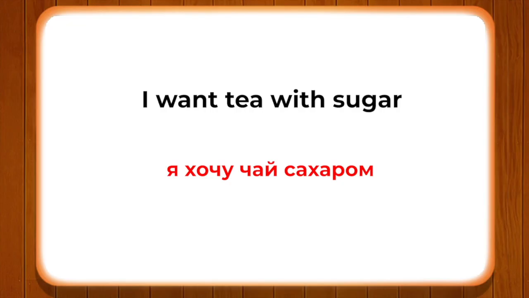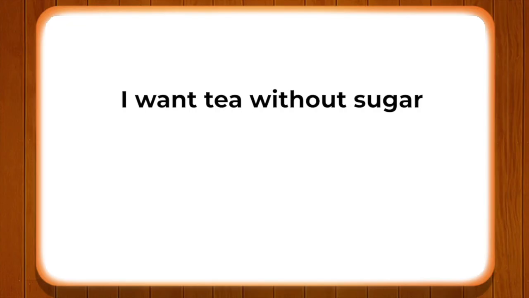So here I am going to use the case in Russian which is known as instrumental case, Tvoritelny padezh, as it is called in Russian. So I am saying ya means I, khachu want, tea chai with sugar, s sakharom. Now if you pay attention to the next construction, I am going to say that I want to have tea, or I want tea without sugar.